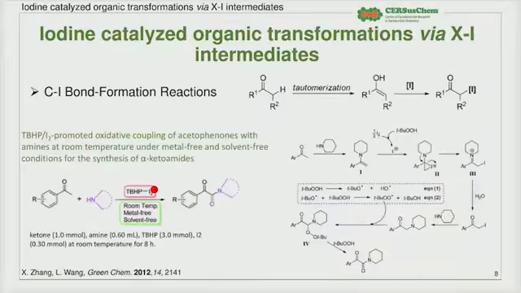So I will enter into the second part of my presentation, which is iodine catalyzed organic transformation via heteroatom iodine intermediates.